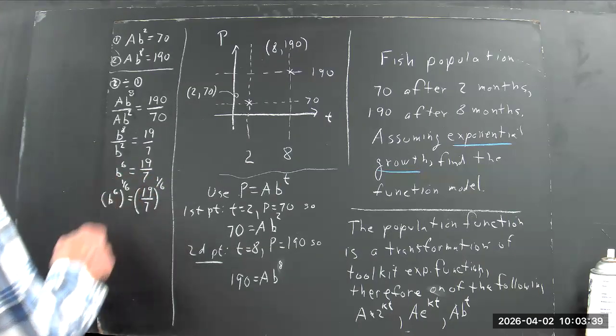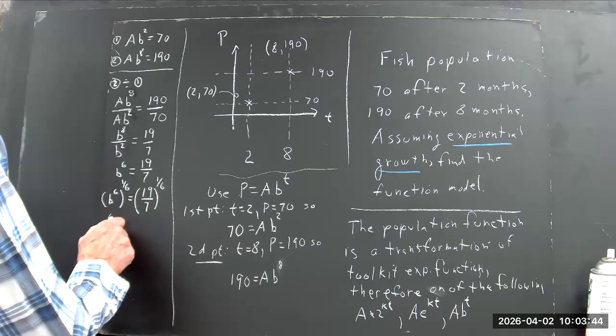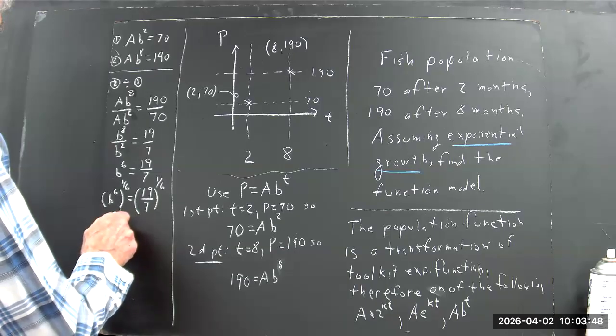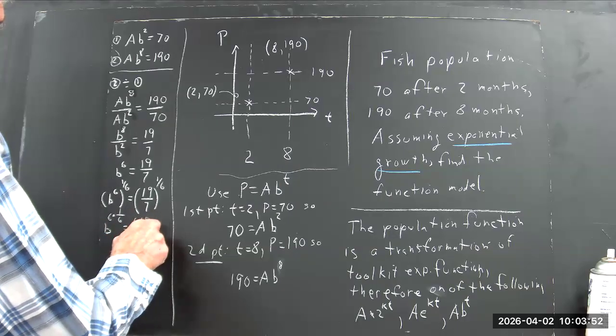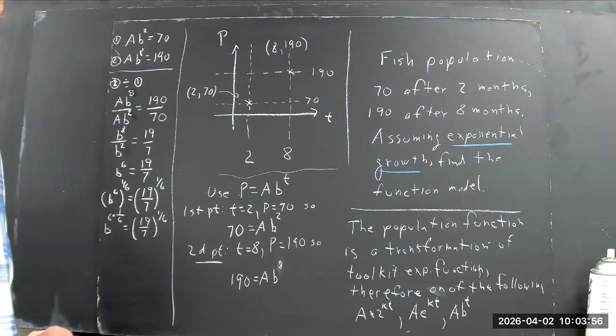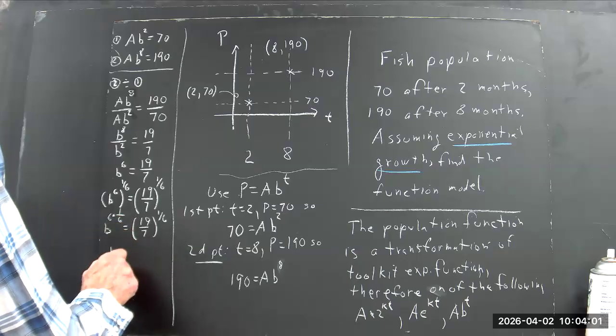Now, b to the 6th to the 1/6 is, I'm going to write it out in gory detail, b to the 6th times 1/6 equals 19/7 to the 1/6. 6 times 1/6 is 1.